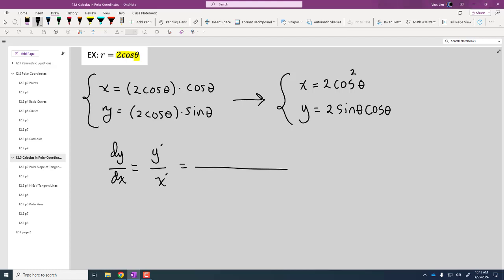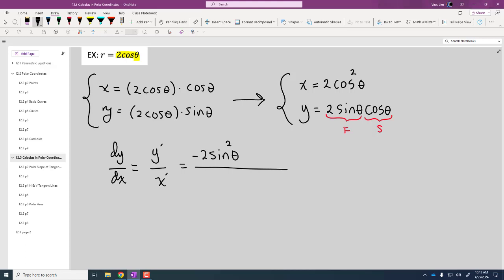Let's not do that. So y prime up top, I'm going to treat this as first function, and this is going to be second function. So product rule says first times the derivative of the second. The derivative of the second function is negative sine of theta. So that's going to give us negative sine of theta times 2 sine theta.